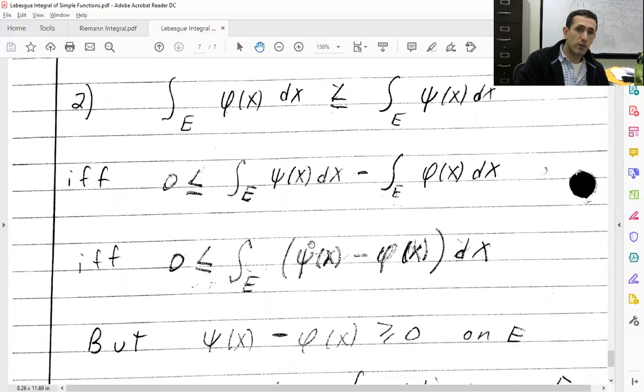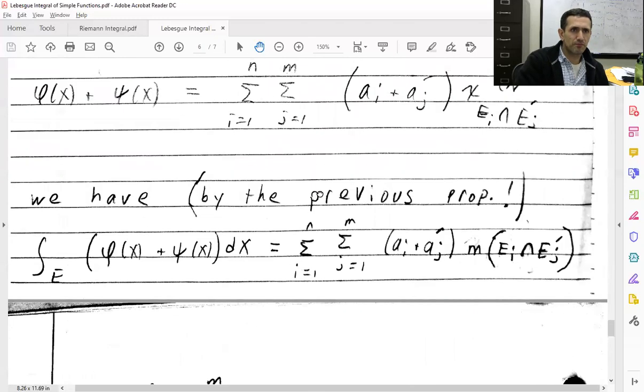But this is a simple function. It takes on finitely many values. It's measurable because we have two real valued measurable functions on E. And it's absolutely trivial by definition that if this is non-negative, and we're assuming this is non-negative on all of E, that's our assumption.